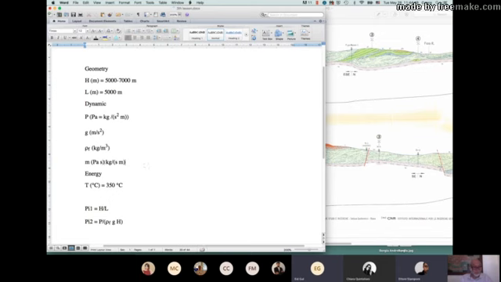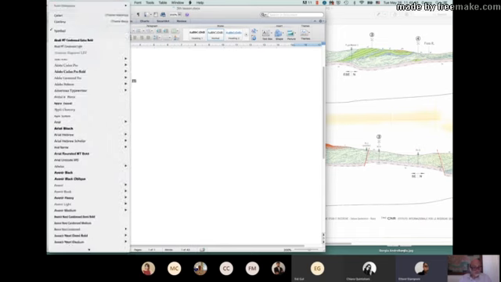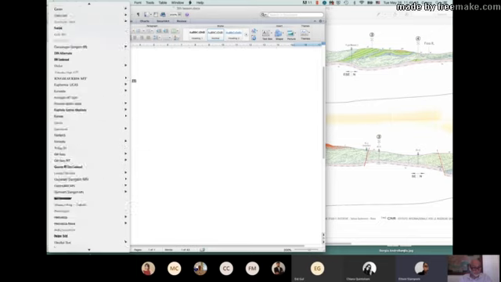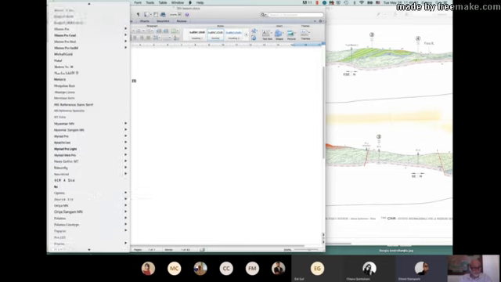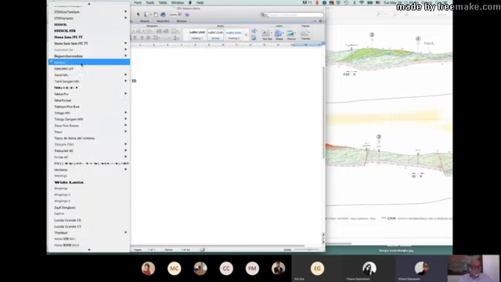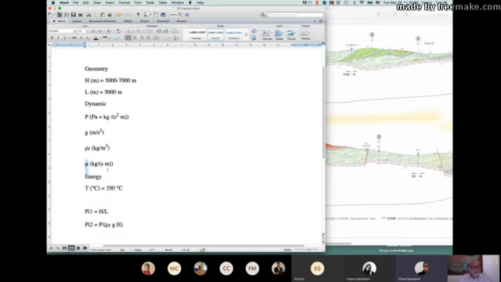So these are our dimensions for the viscosity. Let me put the viscosity.